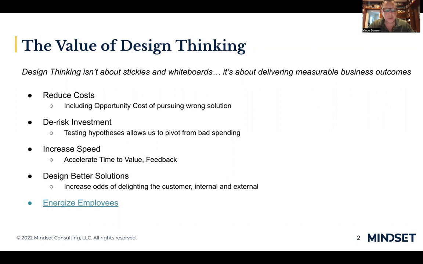You can capture new revenue more quickly. You can design better solutions, which increase the odds of delighting the customer, both internally and externally. So top line, we're generally talking about driving new revenue by getting to market more quickly and iterating on a solution until it really hits the mark with users.